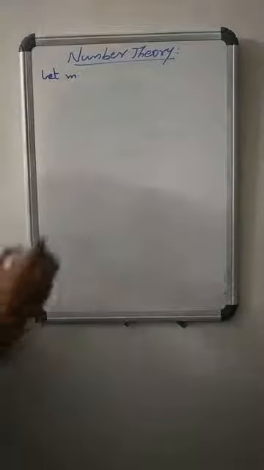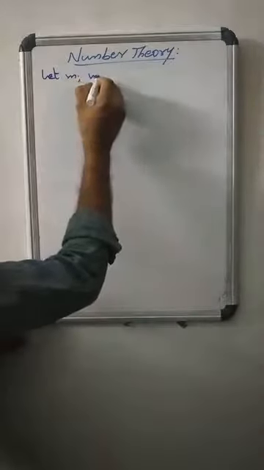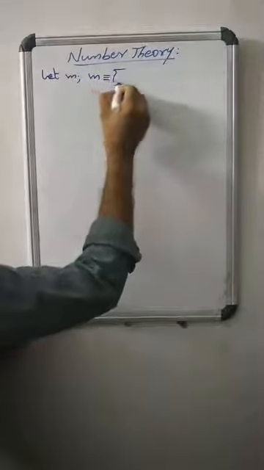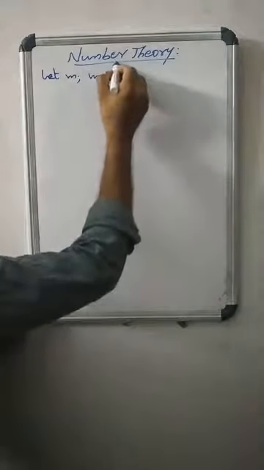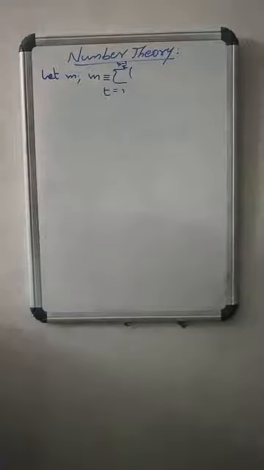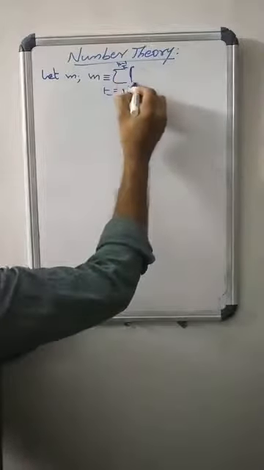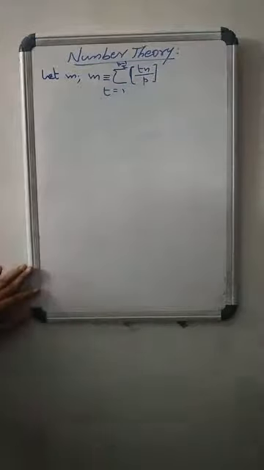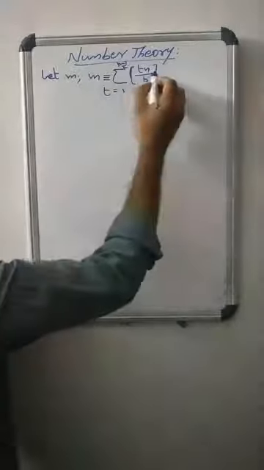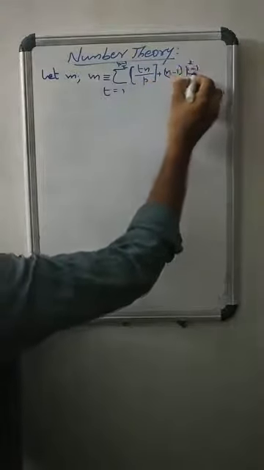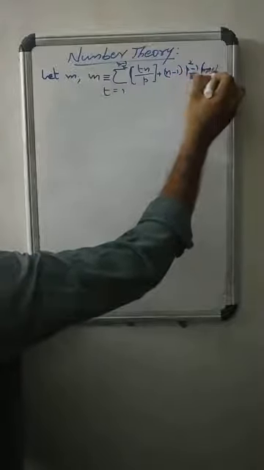Then we show that m is congruent to the sum over t ranging from 1 to (p-1)/2 of the greatest integer part of tn/p, plus (n-1)(p²-1)/8 mod 2.